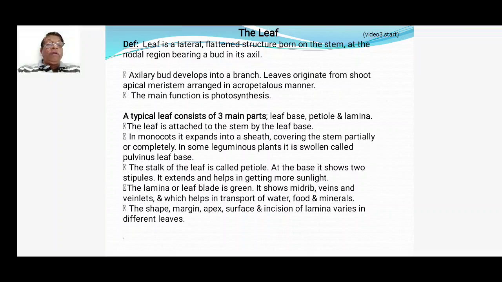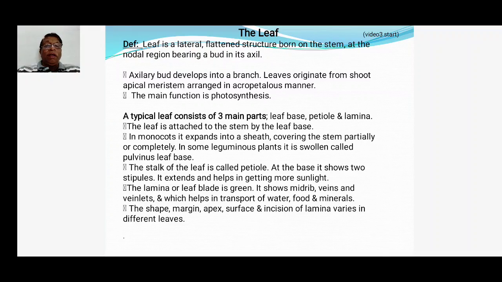If the stipules are present, the leaf is described as stipulate. What is the function of the petiole? The petiole extends the lamina and helps in getting more sunlight for photosynthesis.